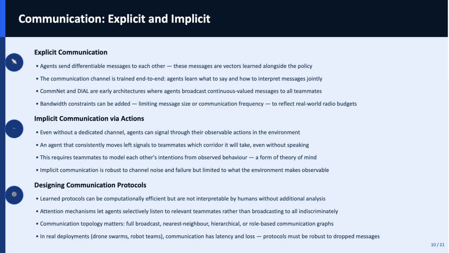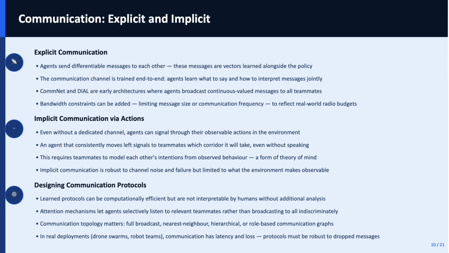A team building a cooperative search and rescue drone system found that explicit communication between drones dramatically improved coverage efficiency. Without communication, drones frequently searched the same areas because each could only observe its local neighborhood.